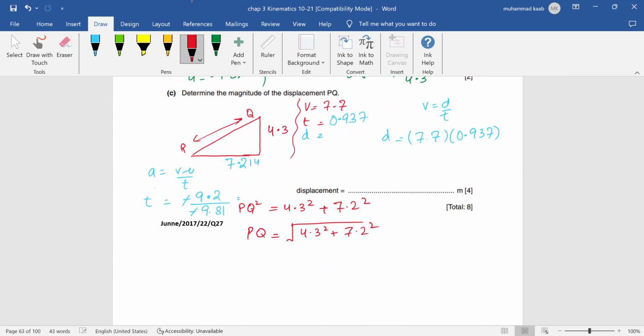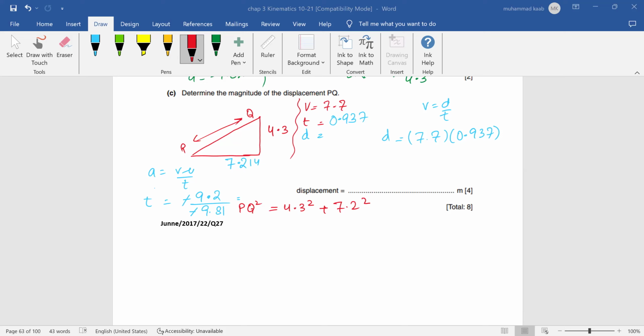It's 7.7 squared? Let me check. That's not the final value.